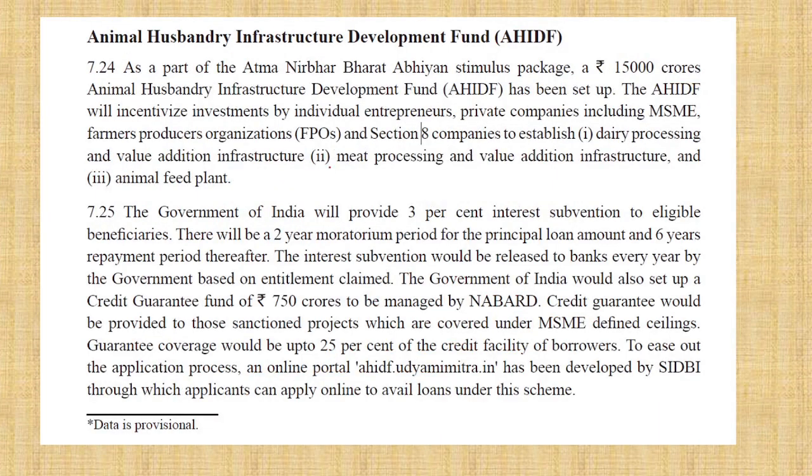Again, animal husbandry infrastructure. We saw the agriculture infrastructure development fund. This is the animal husbandry infrastructure development fund, which incentivizes investment by individual entrepreneurs and private companies, including MSMEs and FPOs, to establish dairy processing, value addition, meat processing, value addition, and animal feed plants. For crops we had the agricultural infrastructure fund.